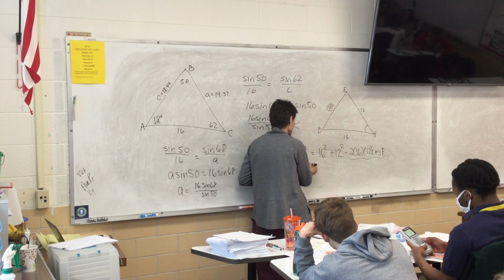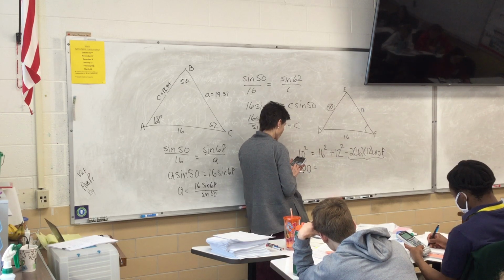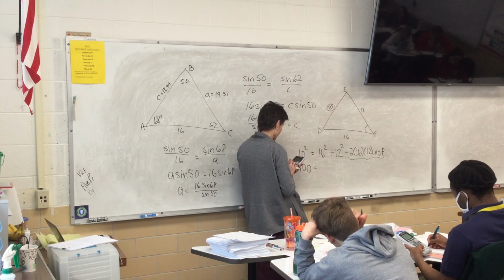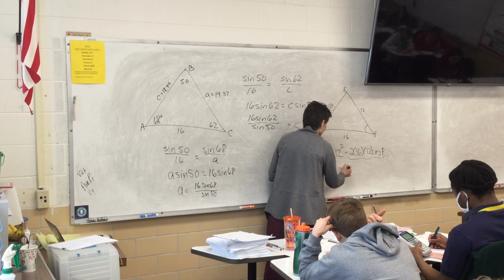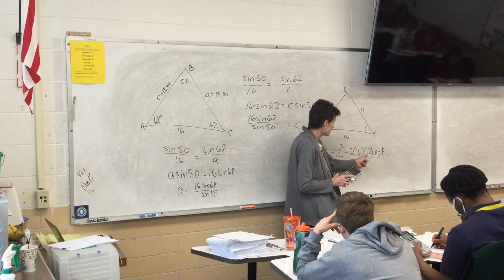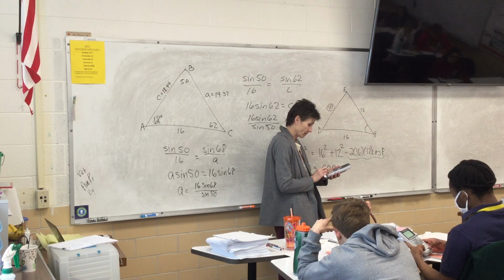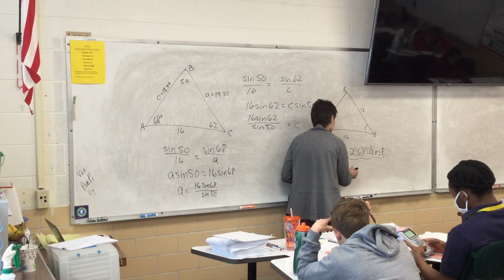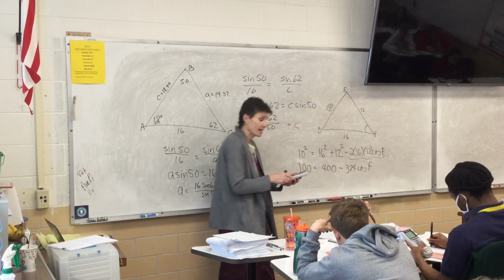So I can say 100 equals 16 squared plus 12 squared. That's 400 minus, and I can multiply these three, 2, 16, and 12, and 384 cosine F.